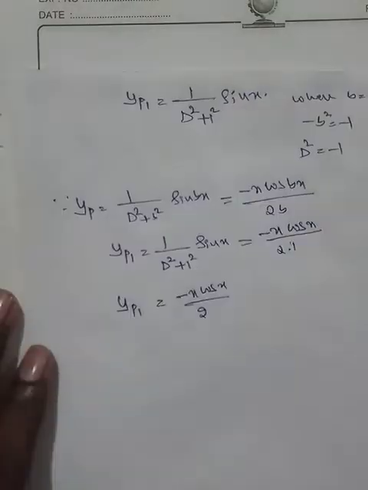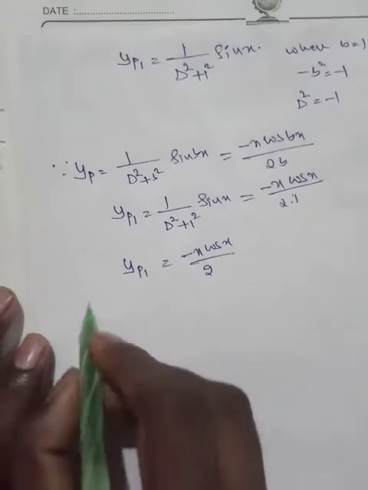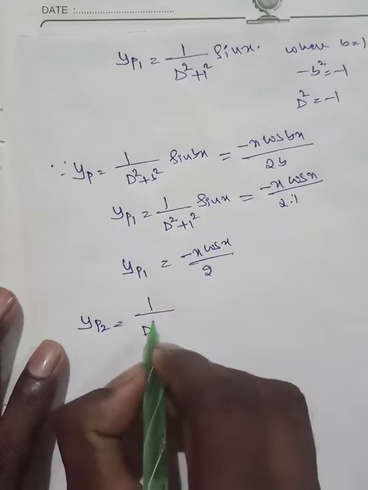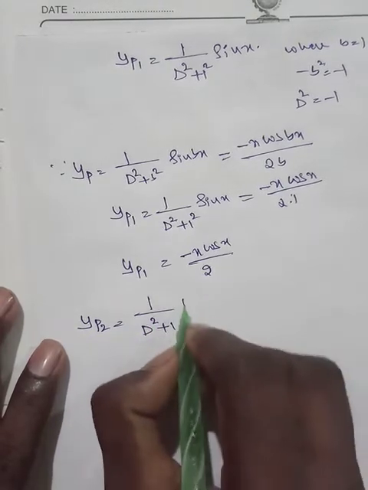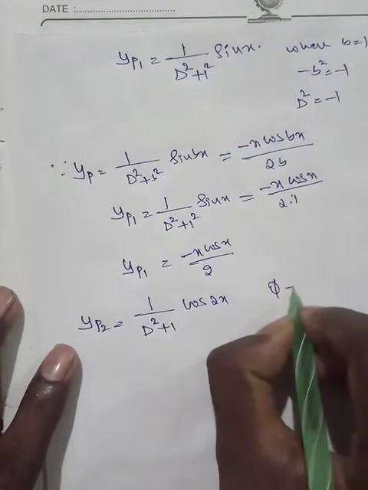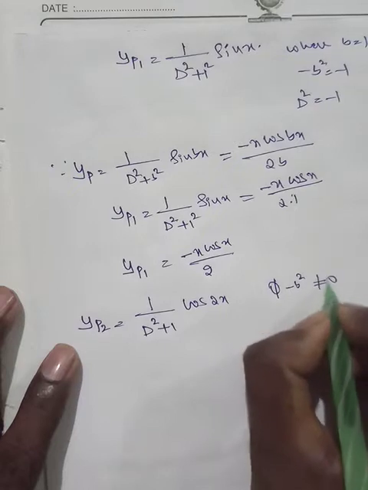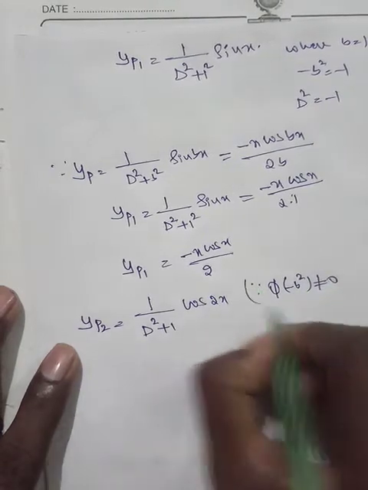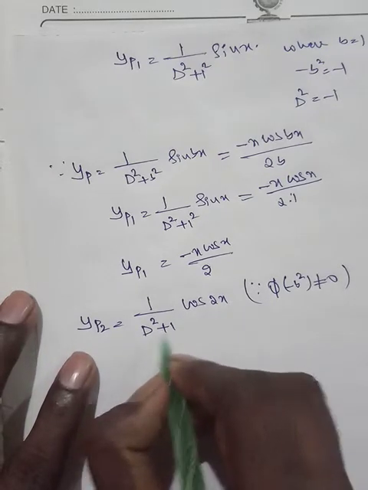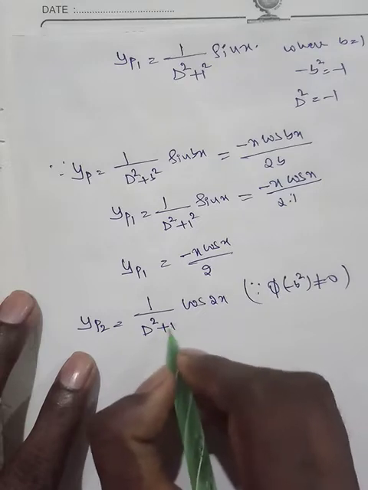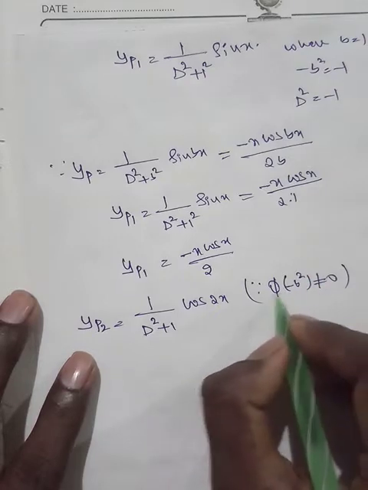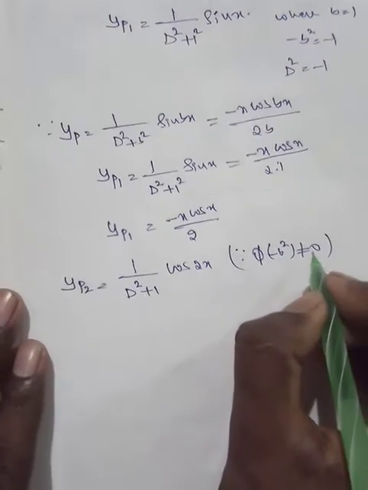Next we need to find yp2. yp2 is 1 by D square plus 1 into cos 2x. So that means phi of minus b square should not be equal to 0 here. How I am saying this? See here, b is 2, and in D square plus the place of b we are having 1. So these both are not equal, so obviously phi of minus b square should not be equal to 0, right?